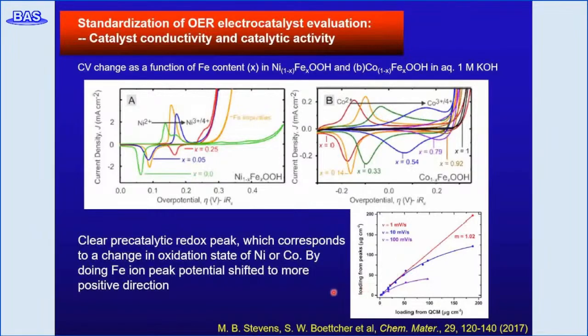The scan rate is 1 millivolt per second to 100 millivolts per second. By increasing the scan rate, the charge amount from the CV peak becomes smaller than the amount obtained from the QCM.